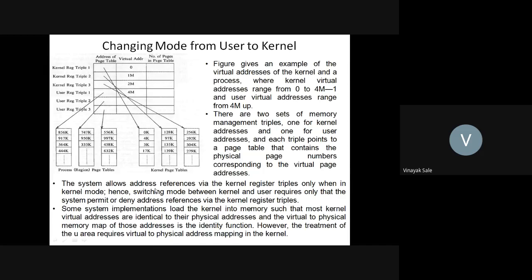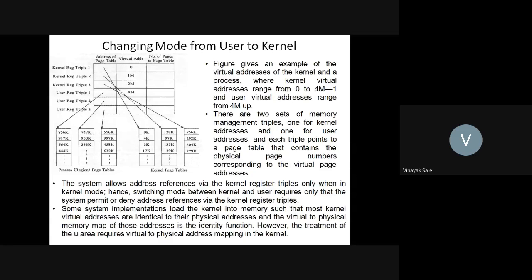The system allows address reference via the kernel register triples only when in kernel mode, and hence switching mode between kernel and user requires only that the system permit or deny address reference via the kernel register triples.